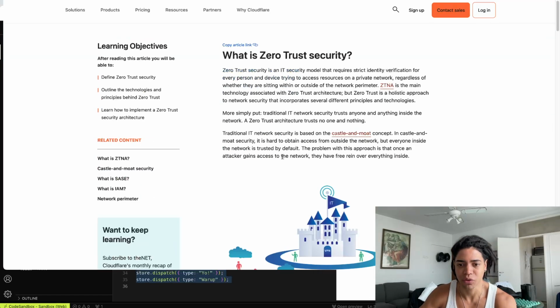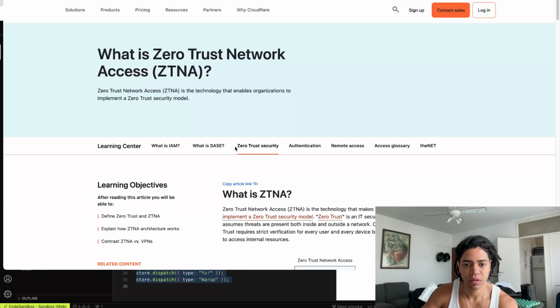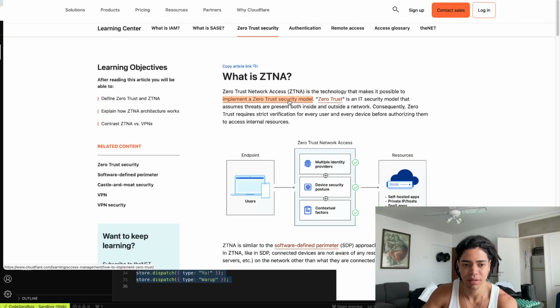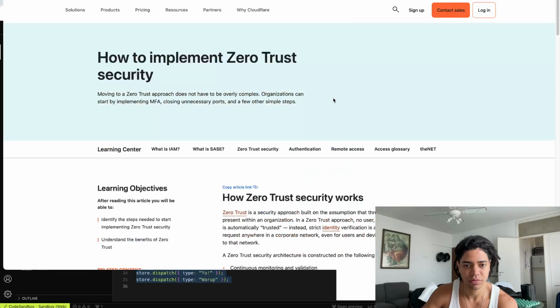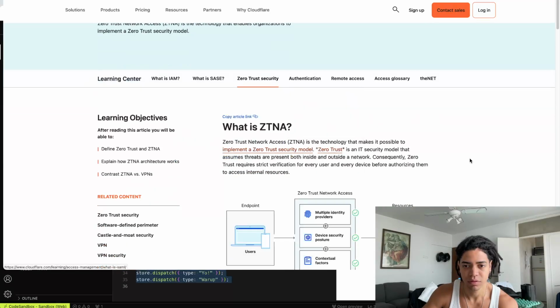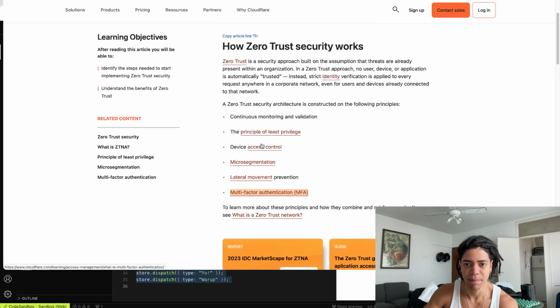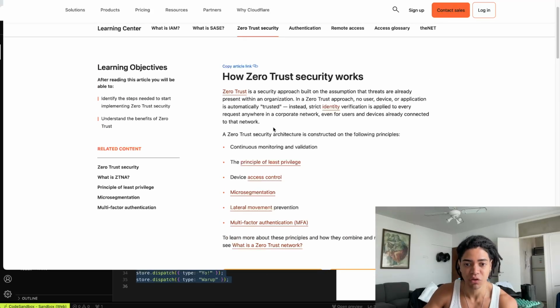So what is a zero trust security model? This is zero trust network access, but the implementation is this particular one, or zero trust. They explain how you can implement zero trust security.